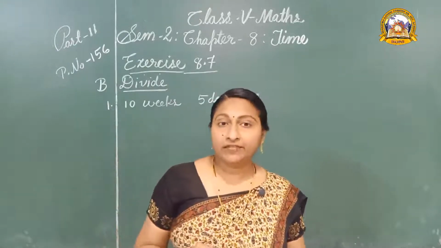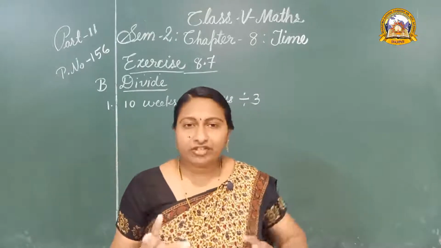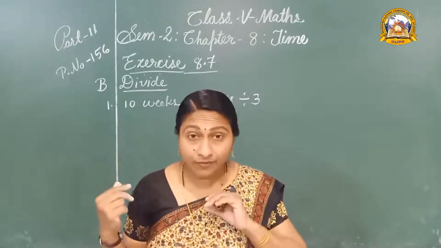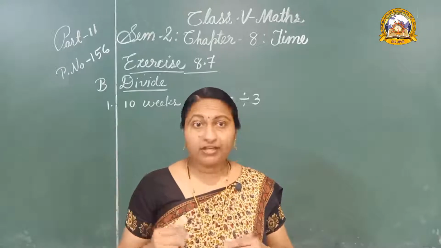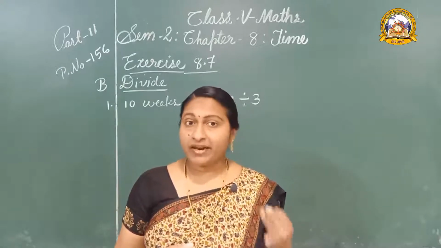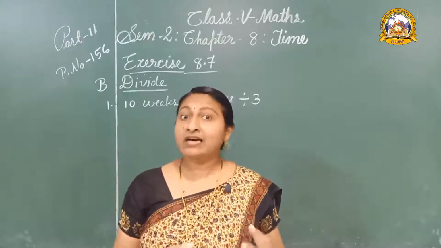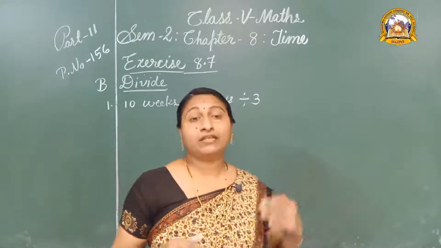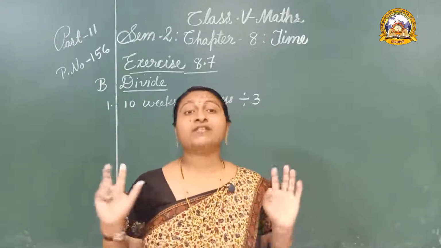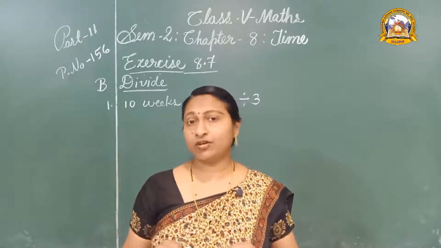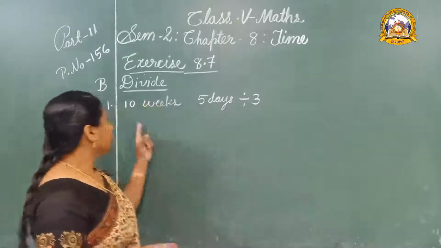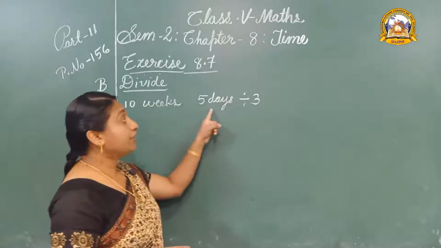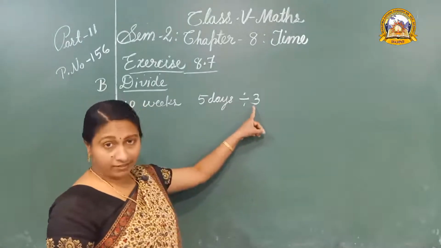Okay, divide. You know the division works always we start from the left side only. The addition, subtraction and multiplication works are started from the right side, no? But the division works always start from the left side only. Okay, here 10 weeks 5 days divide by 3.